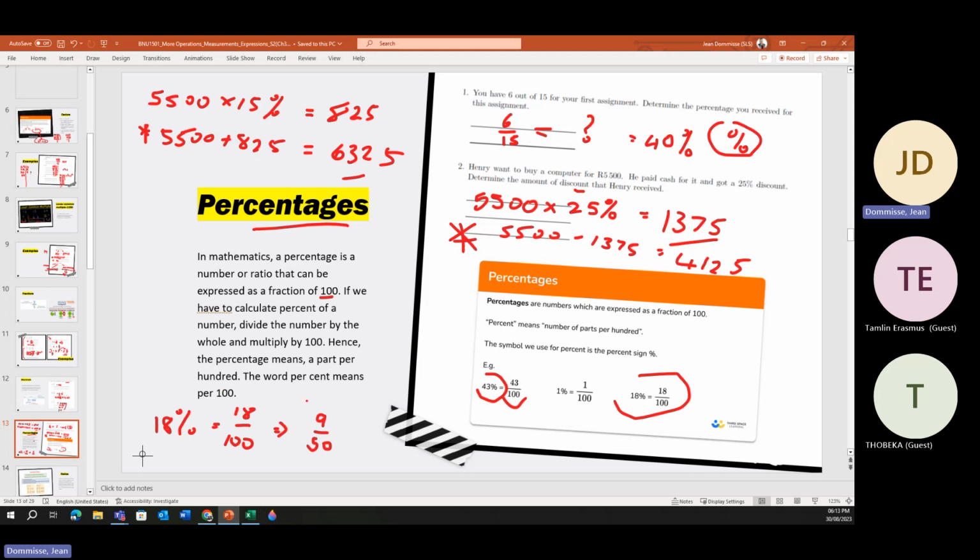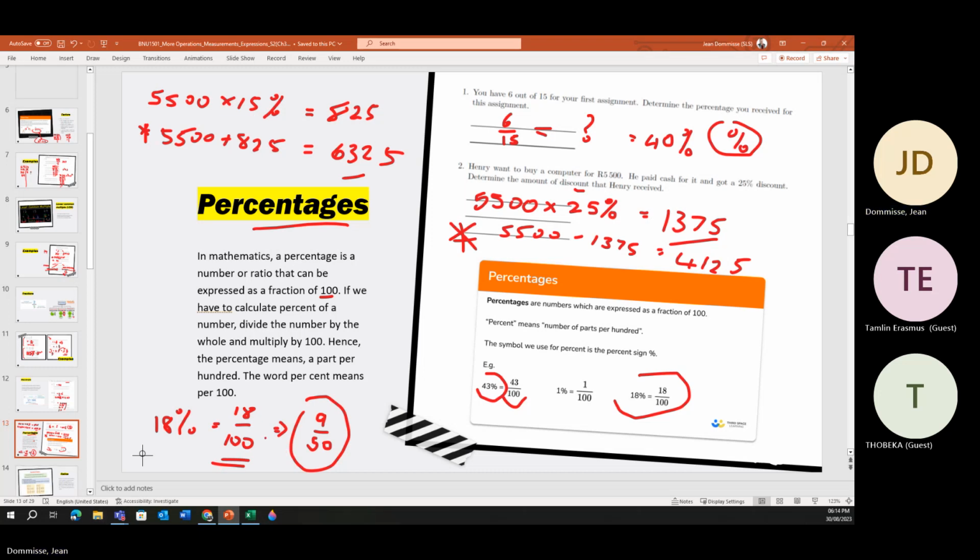So it might be that they also give you the simplified answer in your answer set. So just be, again, careful. With percentages, I hope they stay at the 18 divided by 100, because that is how we read percentages. But it might be that they have simplified, but then just make sure you know how to simplify it.